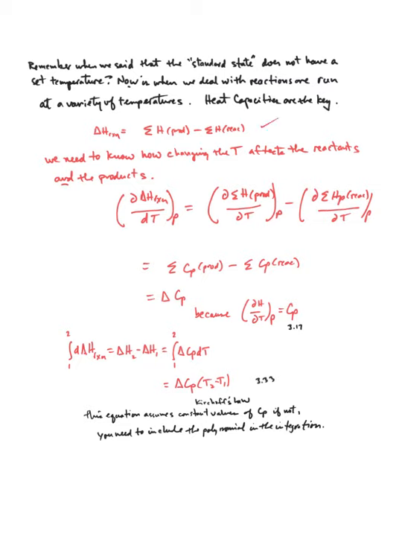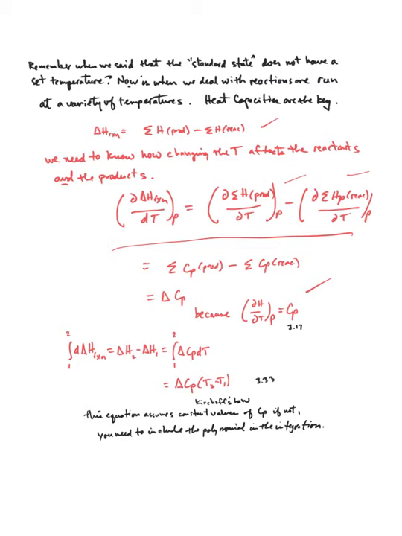So as we said, delta H of reaction is really a sum of all the enthalpies on the product side minus the enthalpies on the reactant side. What we're being asked to do is to find out how changing the temperature affects the reactants and the products. So what this differential is saying is what's the change of these quantities with respect to temperature. Well, on the right-hand side, if you look carefully, this is essentially a definition that happened earlier in the chapter.